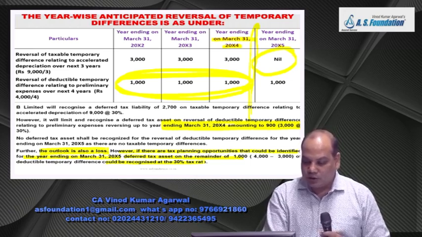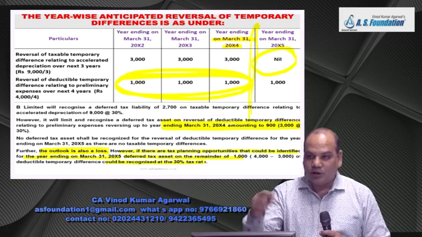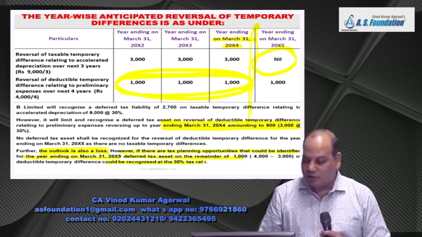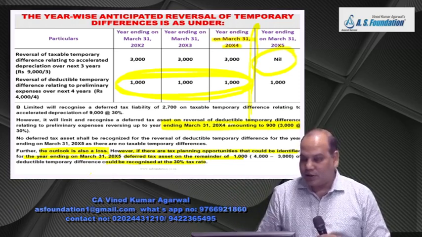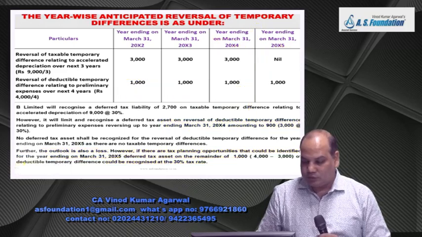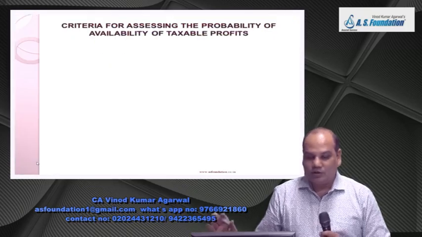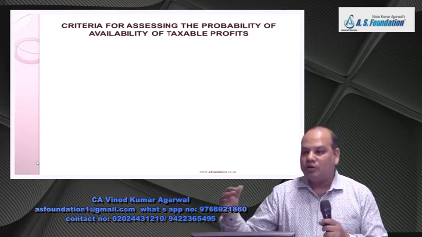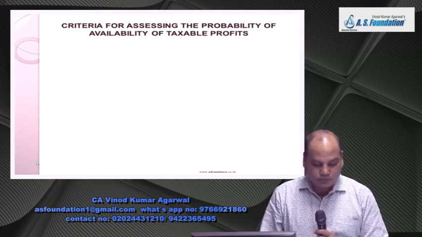But all this you will write in a note. Assuming that there is future taxable profit, assuming that there is a tax planning opportunity, then the company may create DTA on the last year 1,000 also.